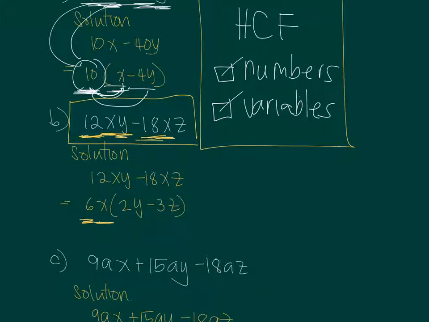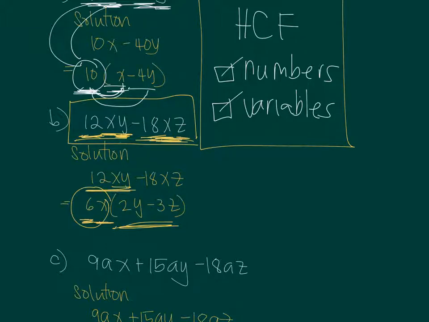Now y is present in the first term, but y is not present in the second term. z is present in the second term, but it's not present in the first term. So neither y nor z is a common factor. So we only have 6x as a common factor, and to get the remaining expression, we divide.